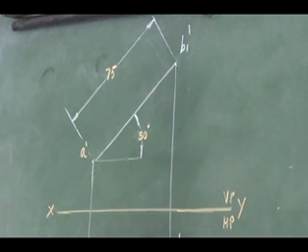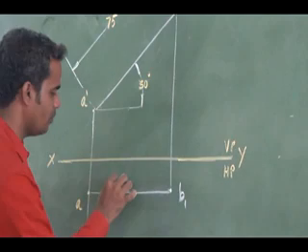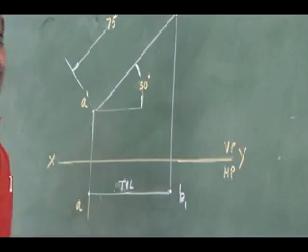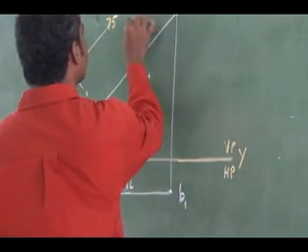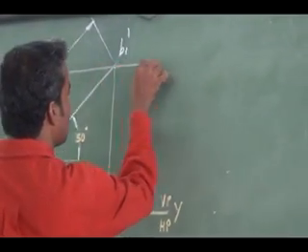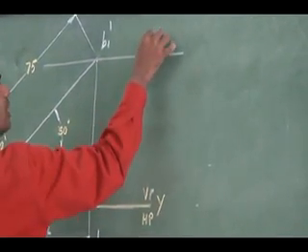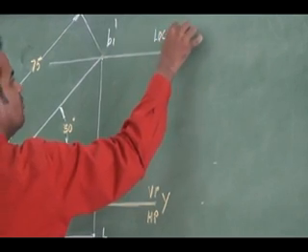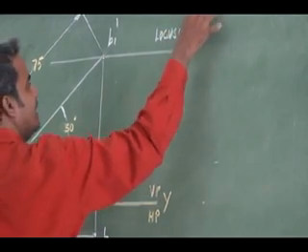Then in this result I have got a top view length and I have got a locus. You have to neatly write locus of B dash.